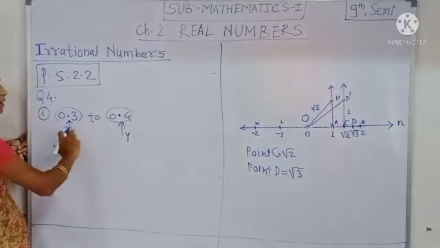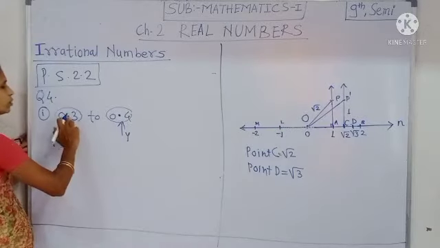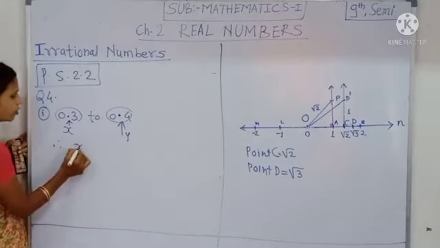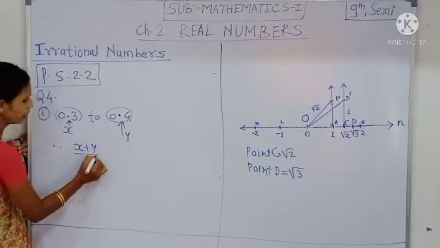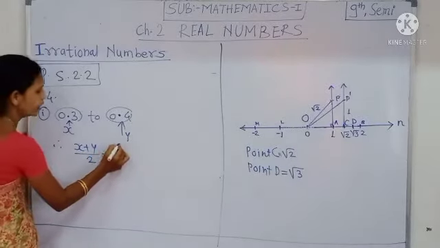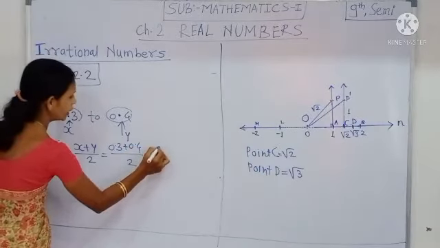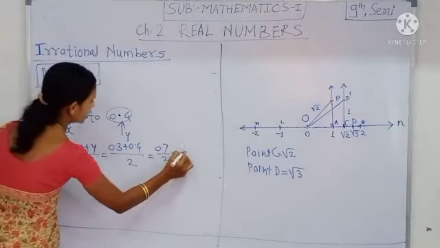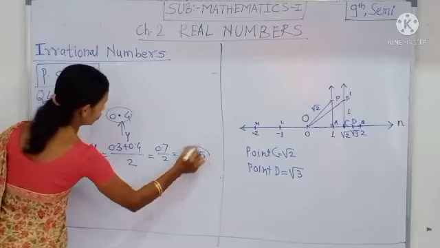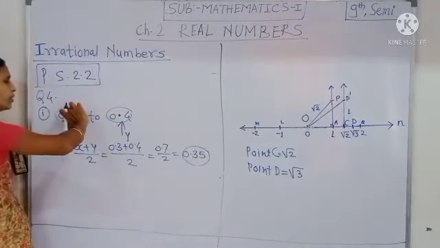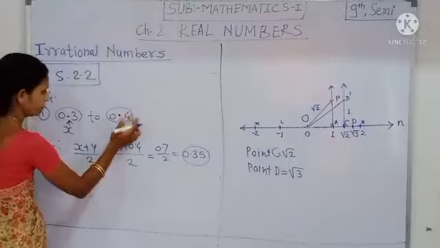Therefore, to find the rational number that lies between those two numbers, we write (x plus y) upon 2. That is (0.3 plus 0.4) upon 2. Then we get 0.7 upon 2, that is 0.35, which lies between 0.3 and 0.4.